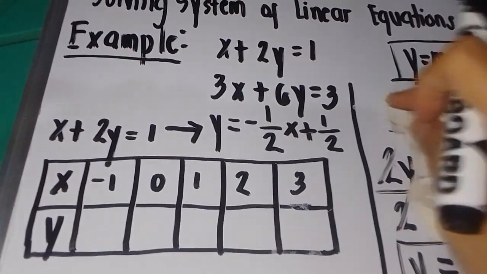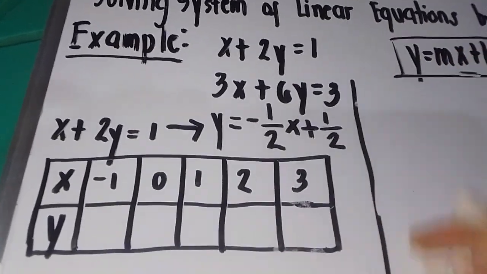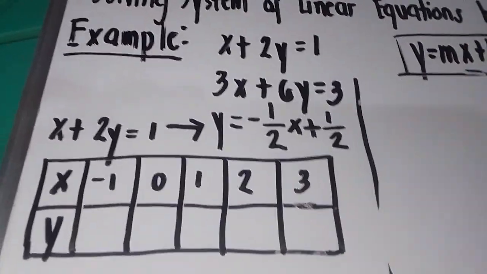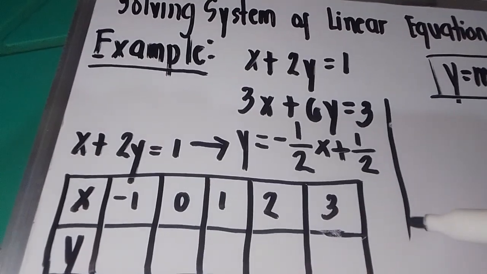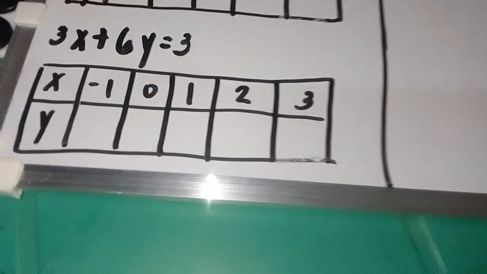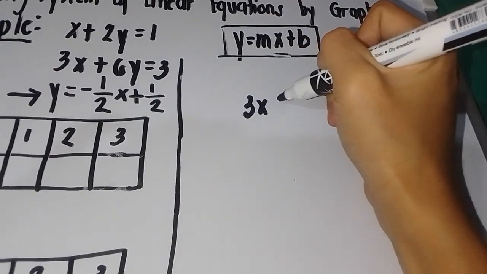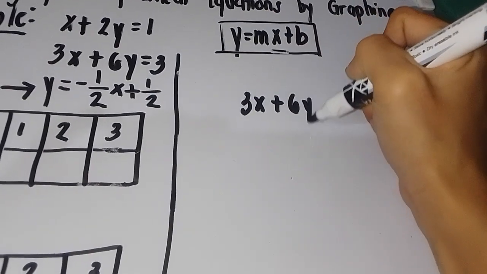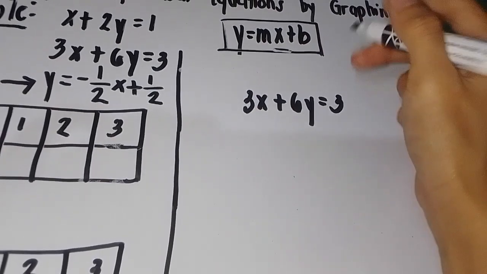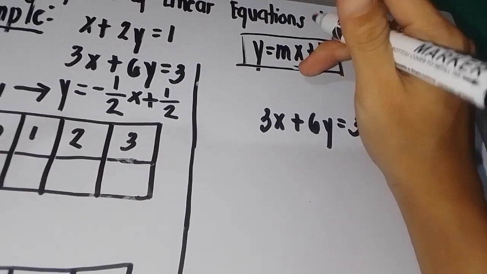Next is the slope-intercept form of the second linear equation, 3x plus 6y equals 3. We will first transform it into slope-intercept form.